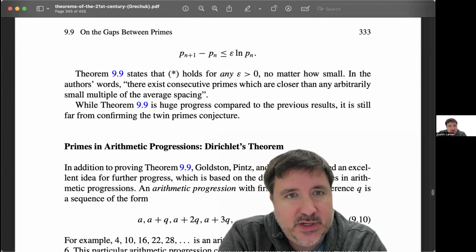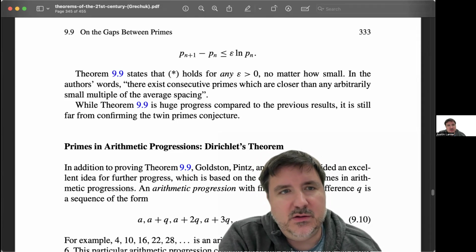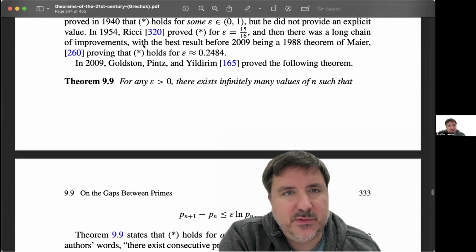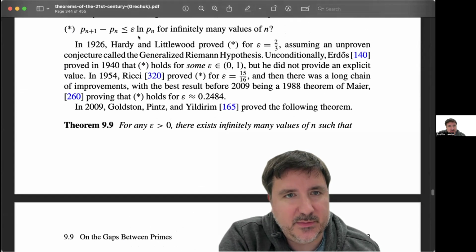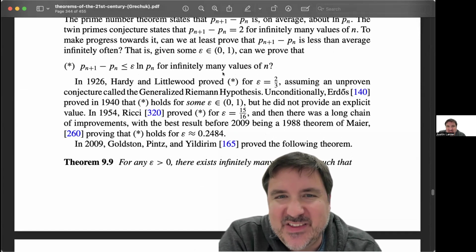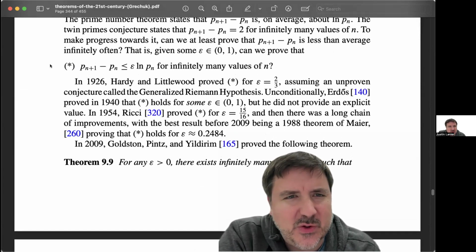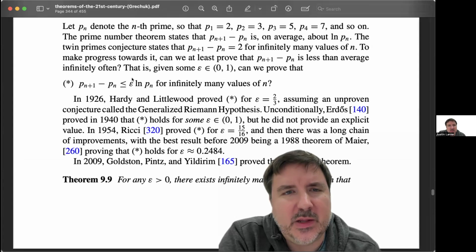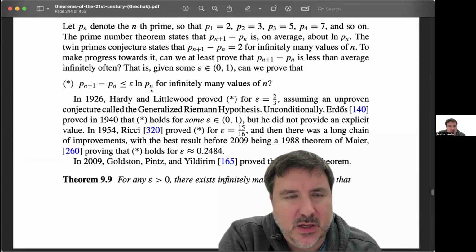So theorem 9.9 states that, what asterisk? Oh, okay. The asterisk is the name for this statement.